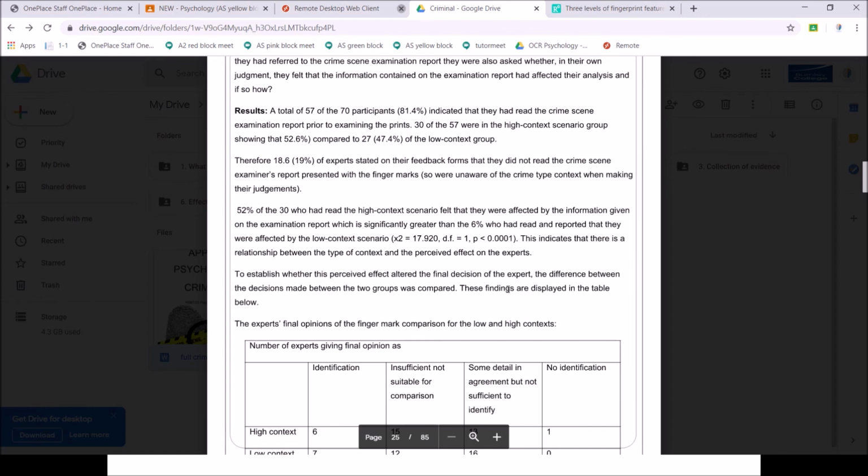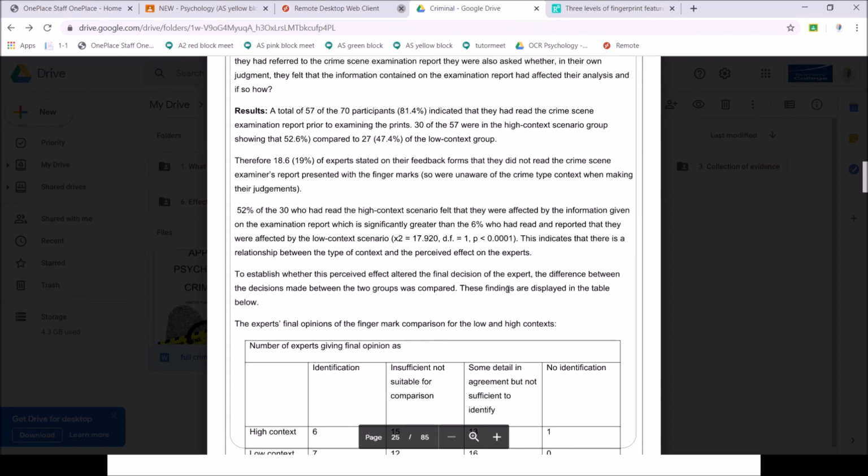Now, 52% of the 30 who had read the high context scenario said that they did feel like they were affected by the information in the report in terms of how they had analysed that information. And that is significantly greater than those who had the low context scenario. So in comparison, only 6% of them said that they felt affected by it.